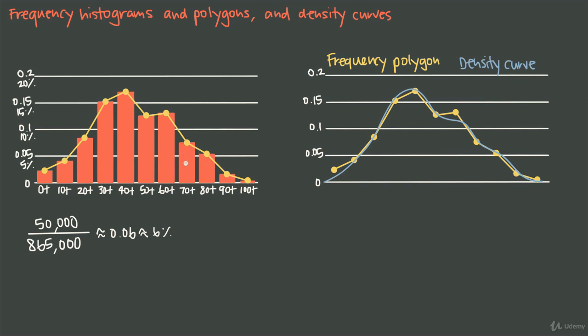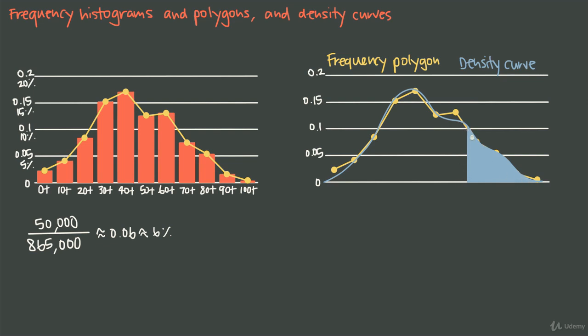So then we can say things like, if we want to know the 70-year-olds or older, we can shade in about that area of the density curve. And since all of the area under the curve will make up 100% of the population, we can estimate that this area looks like it's approximately 25% of the total area under the curve. You could say it's a little more, 30% maybe, or less, 20%, since it's just this little tail piece here.